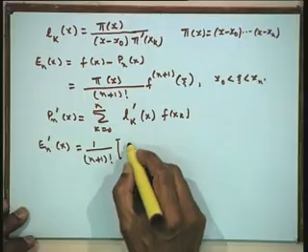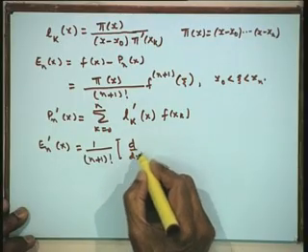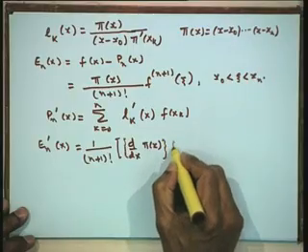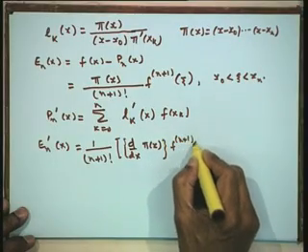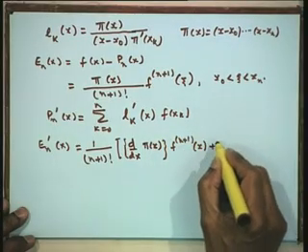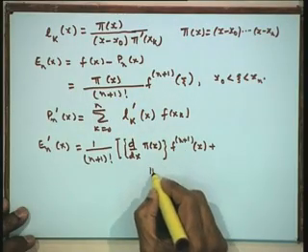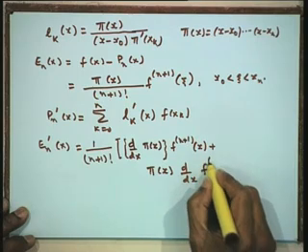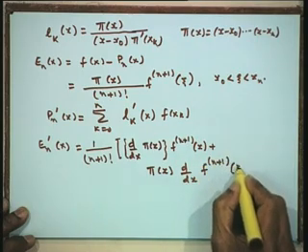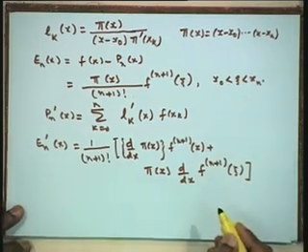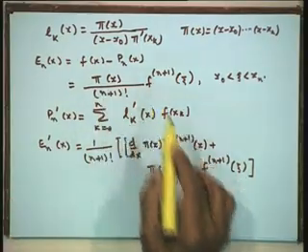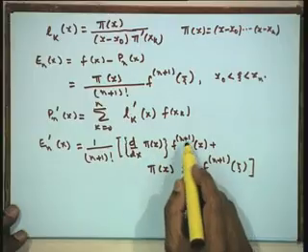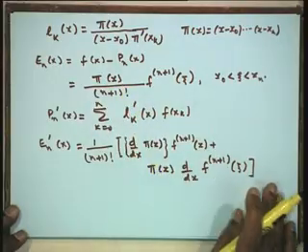Therefore, we shall have d/dx of pi(x) into f^(n+1)(xi), plus the second term, pi(x) into d/dx of f^(n+1)(xi). So, I will take this as a product of two functions and differentiate it as a product: derivative of the first one into this, plus pi(x) into derivative of this.